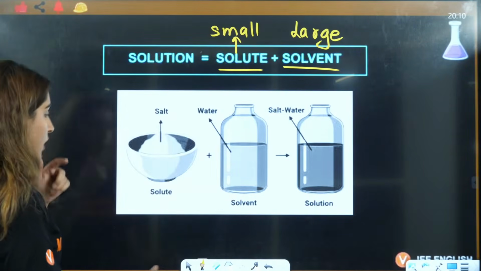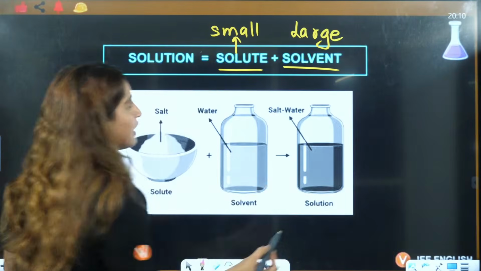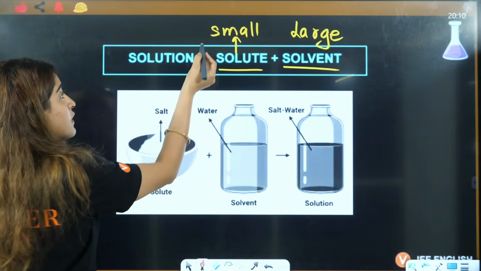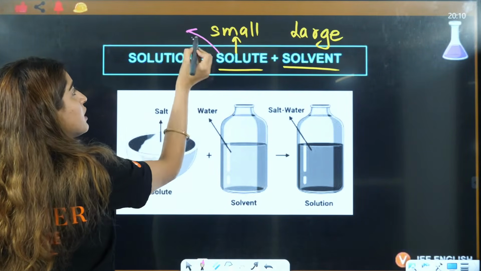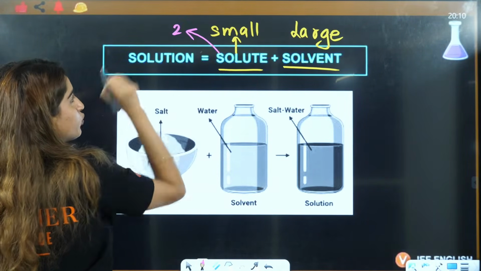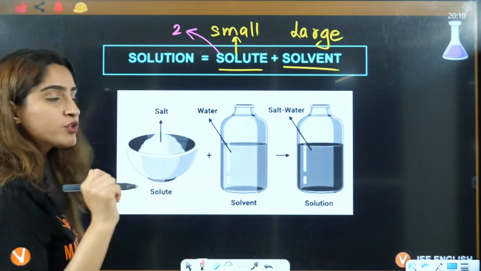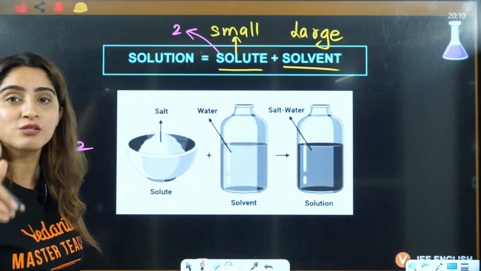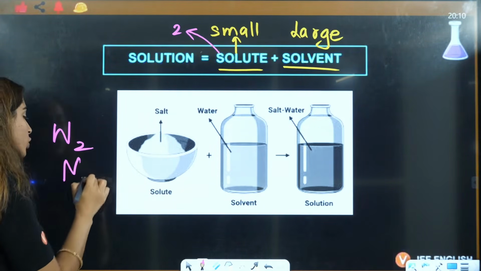Now, if you talk about solute, when we talk about concentration terms, we have already done that lecture. When we do numericals, we will denote the solute by 2. Let's say I'm talking about the weight of the solute, I'll say W2. Molar mass of the solute, I'll say M2, right?